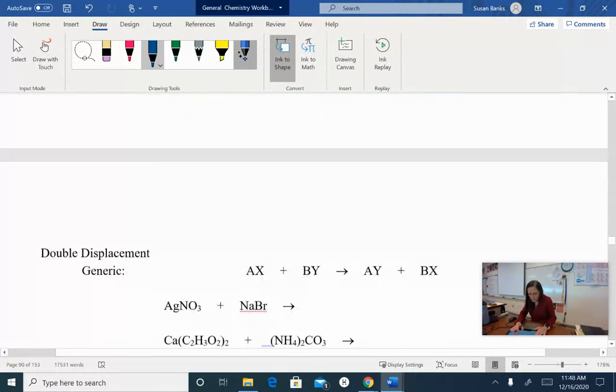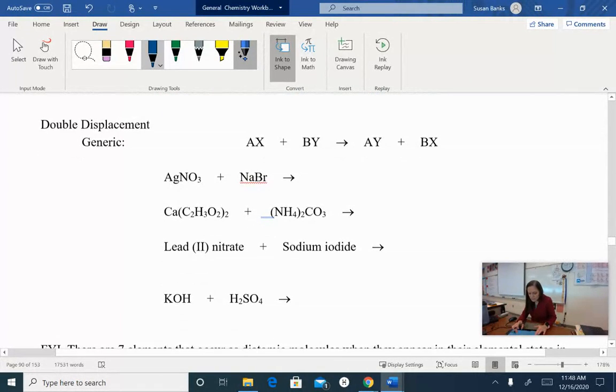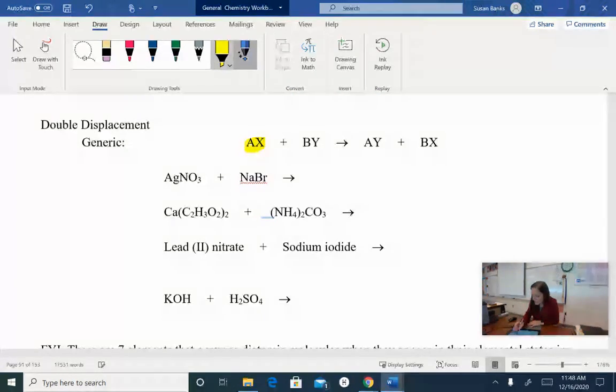Okay. And then double displacement, we have everyone switching partners. I start with AX, and then by the end of the reaction, B is with X. And I have BY. By the end of the reaction, A is with Y. So everyone is changing partners.